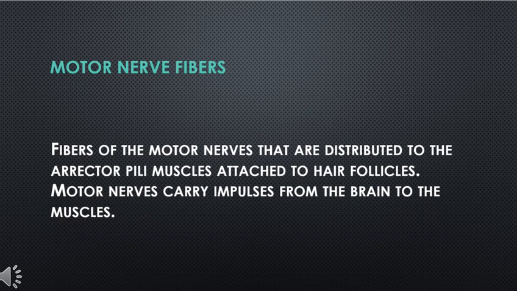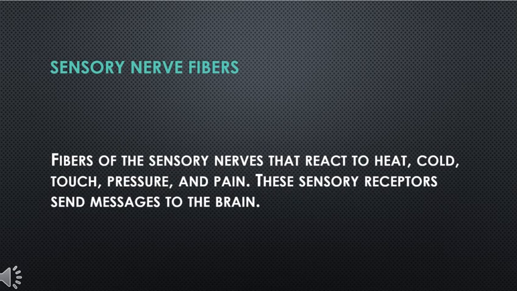Motor nerve fibers. Fibers of the motor nerves that are distributed to the erector pili muscles attached to hair follicles. Motor nerves carry impulses from the brain to the muscles. Sensory nerve fibers. Fibers of the sensory nerves that react to heat, cold, touch, pressure, and pain.